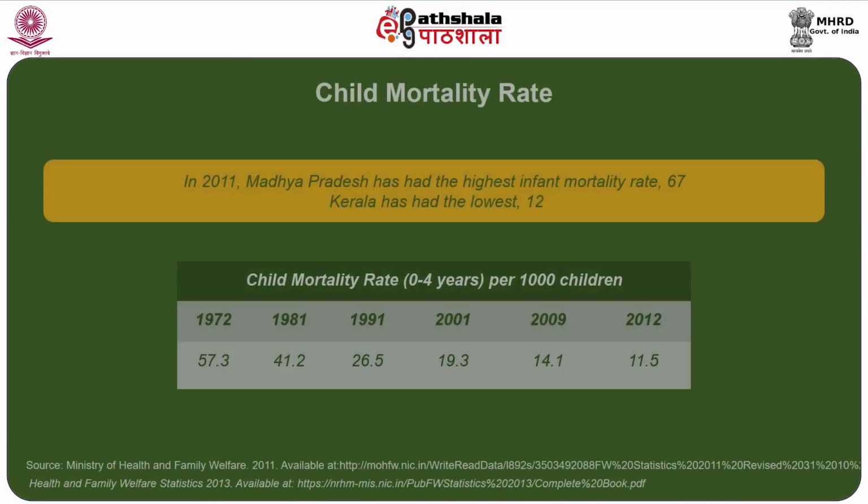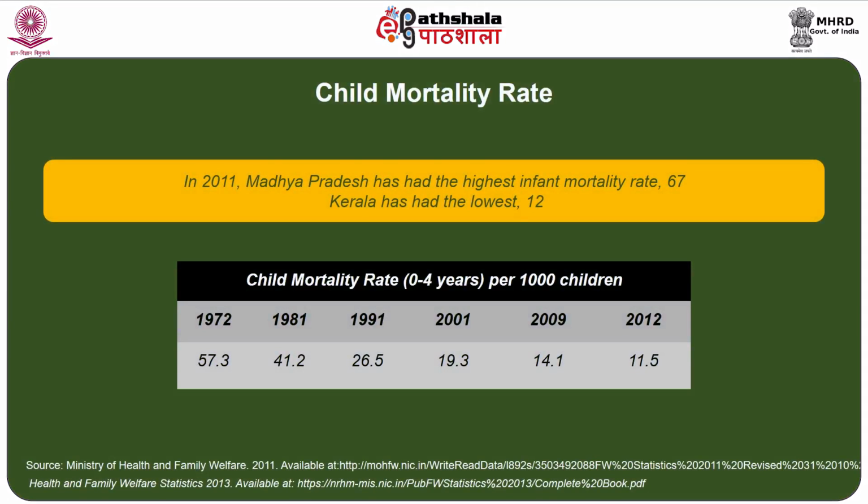State-wise also it is very clear that most of the northern states like Madhya Pradesh and Uttar Pradesh have a very high level of child mortality, whereas a state like Kerala has shown as low as 2.6, the lowest child mortality rate.